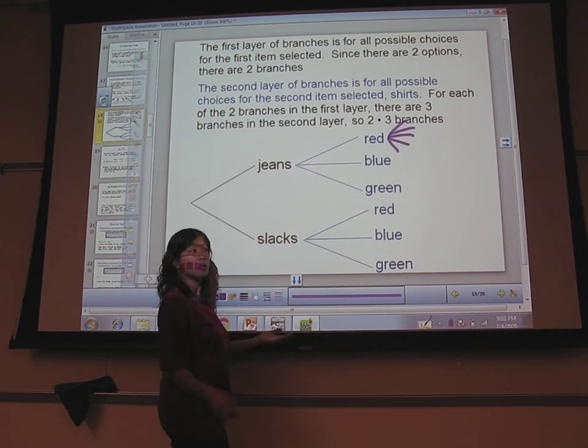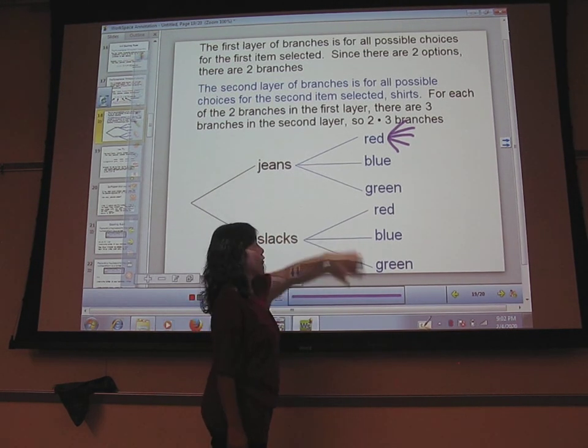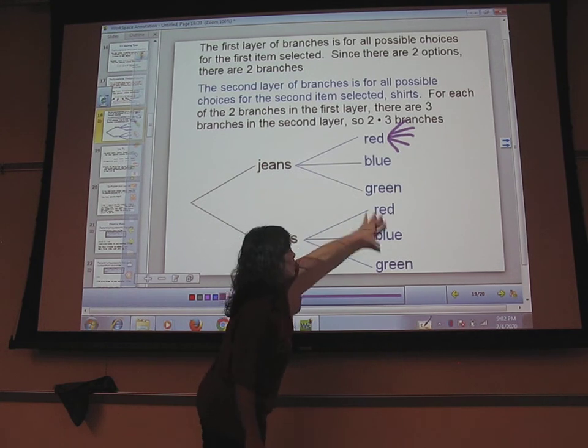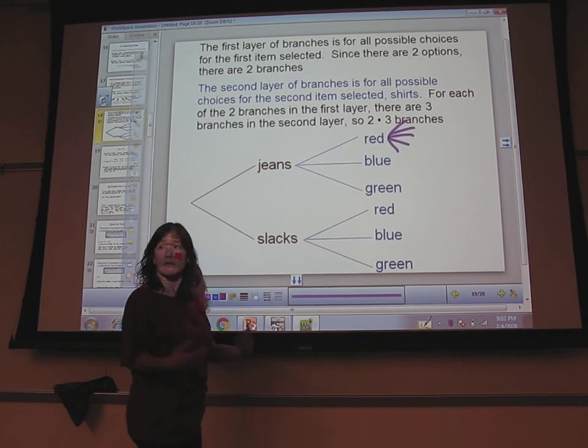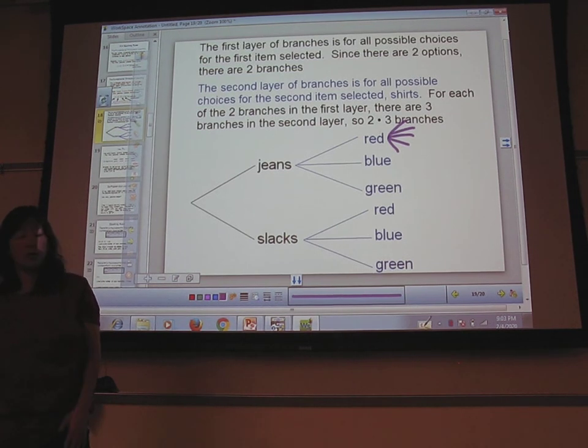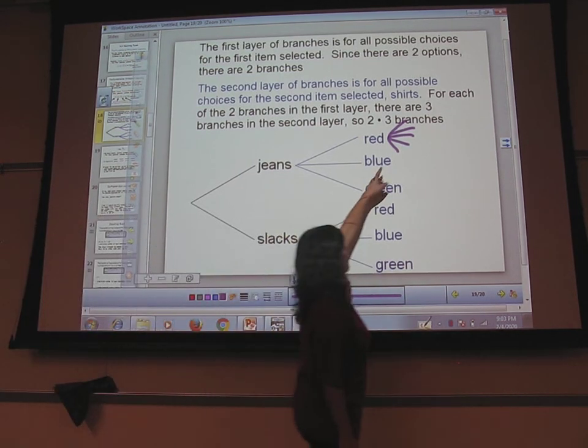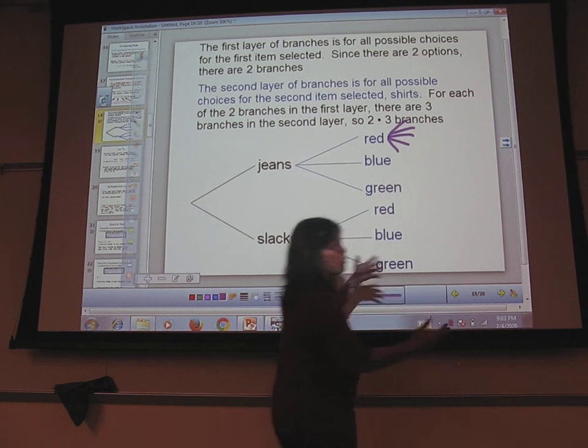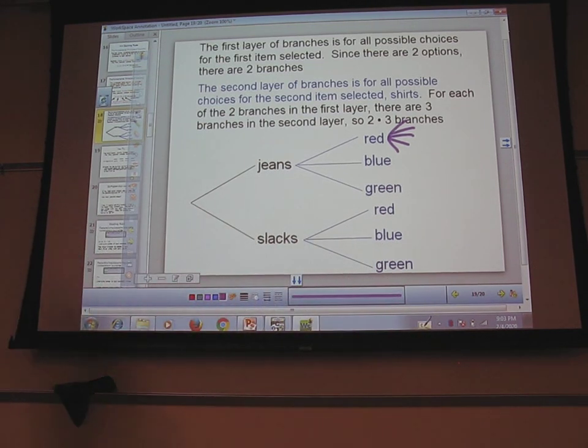There's 6 of these because 3 times 2 makes 6. Everybody, is that making sense? All right. So then 5 of those, 5 times 6, 30. And so on, and you have your socks after that.